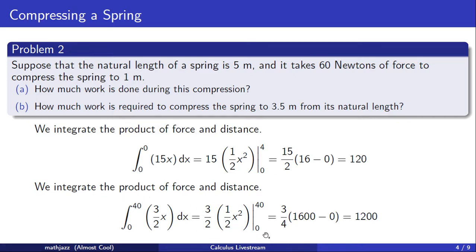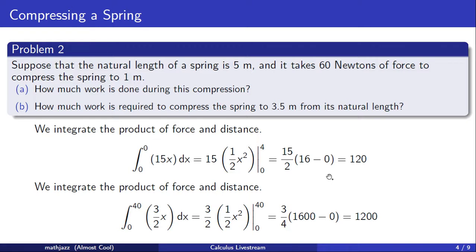So we plug in our 4, we plug in our 0, we get 15 over 2 times 16, and that's going to end up with 120. That'll be 120 kilogram meters squared per second squared, or I believe that is joules.